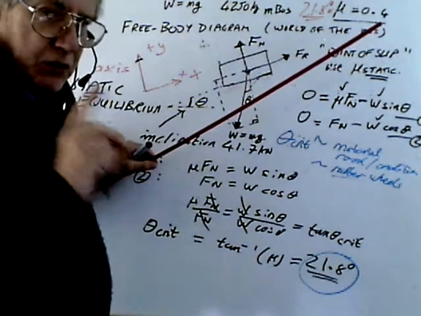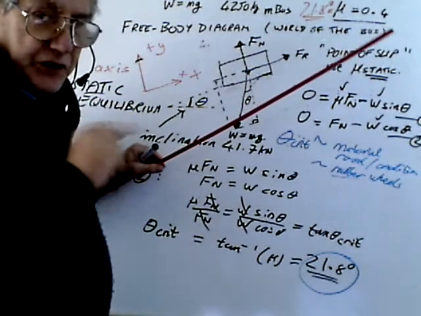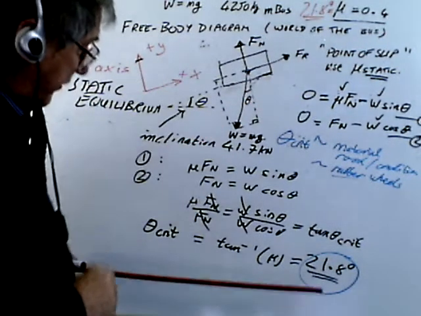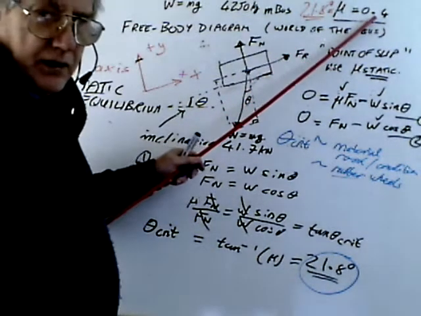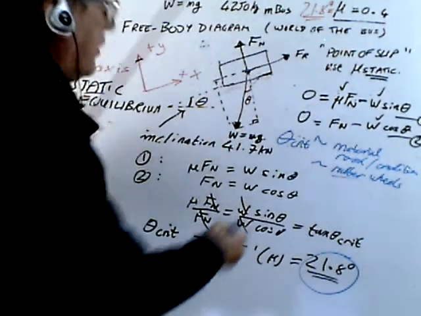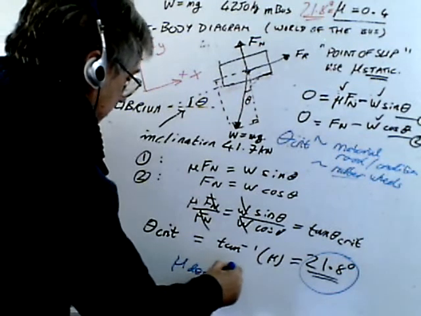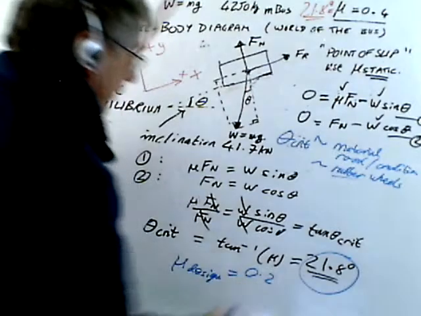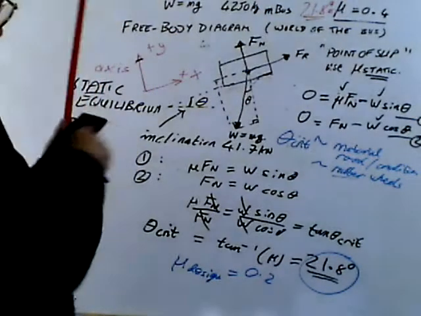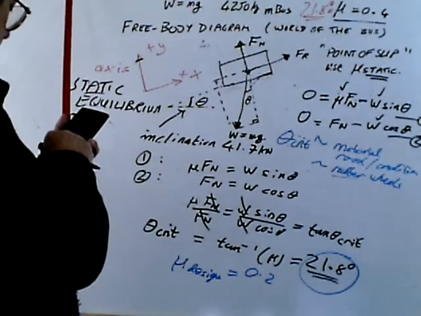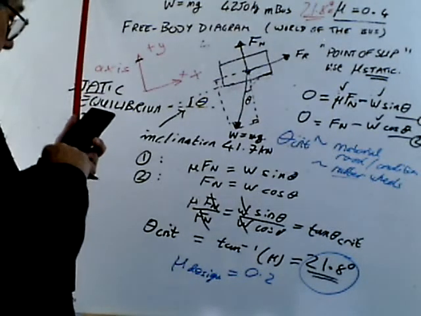So we maybe put in what's called, in the world of mechanical engineering, a factor of safety. And I would suggest a factor of safety here of probably 2 at best. So I would not use 0.4. I would design my roads with a design mu of static friction of 0.2. Now I don't know what the arctan of that is, well, let's see. I need the arctan, shift tan, of 0.2.